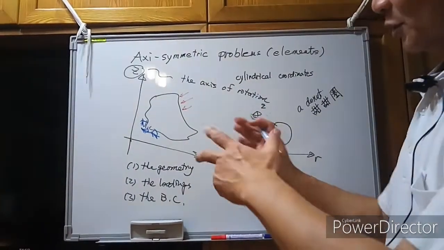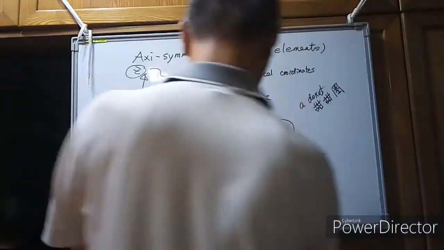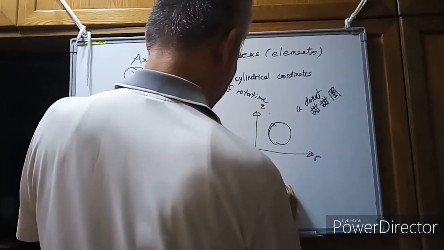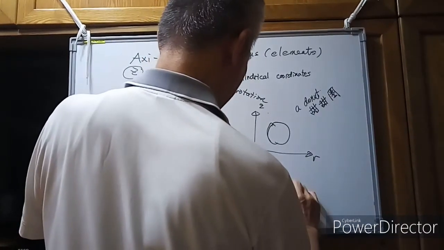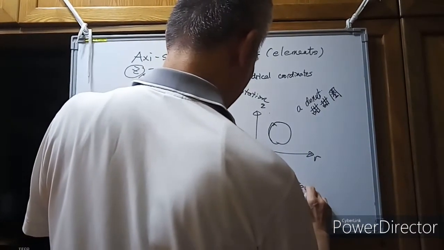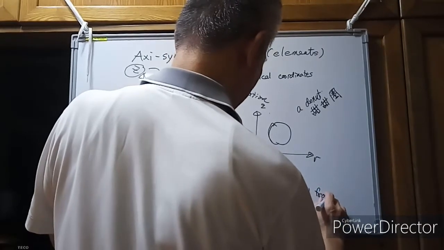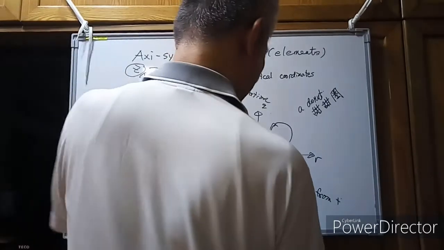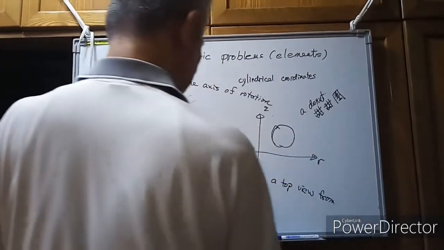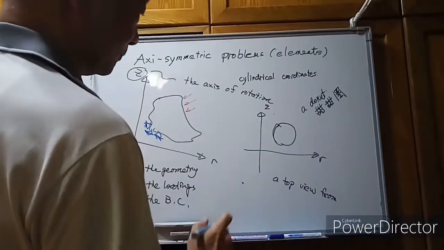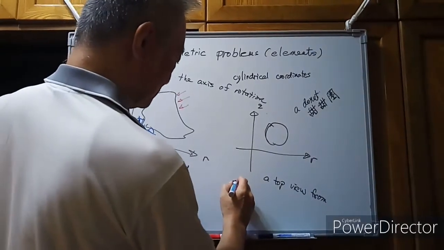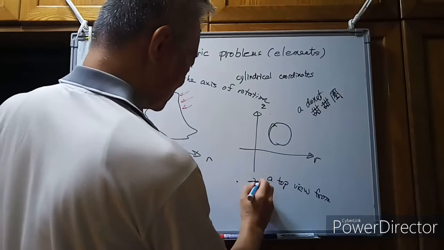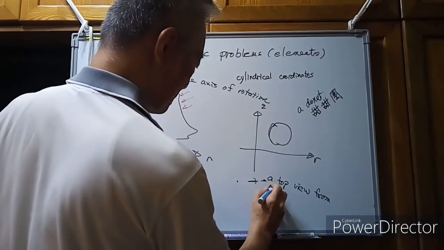So if we take a top view, okay, then that's one of the RZ planes.